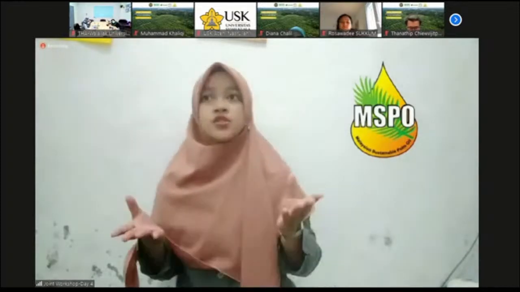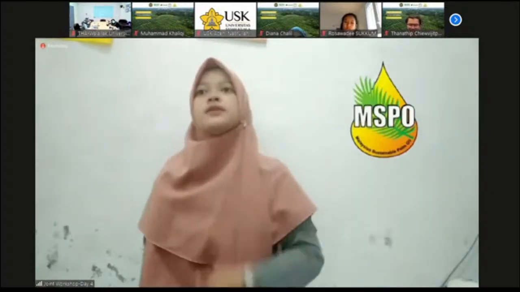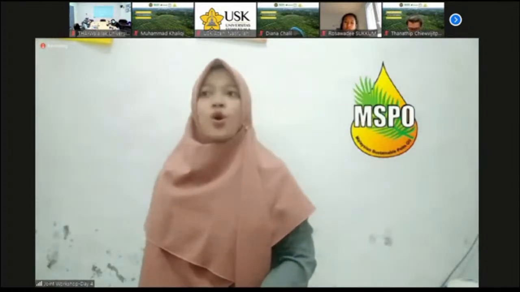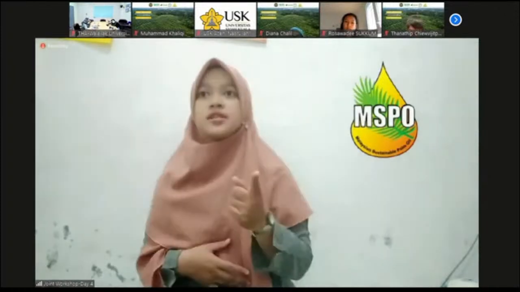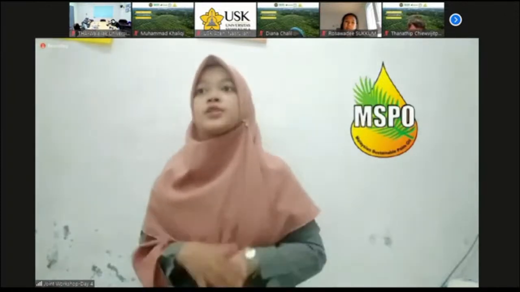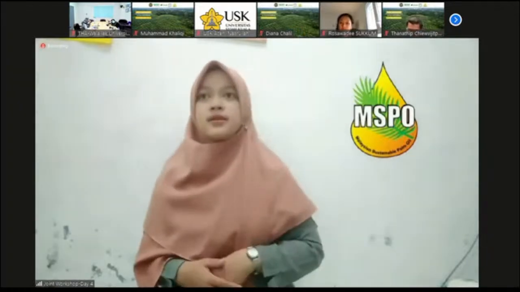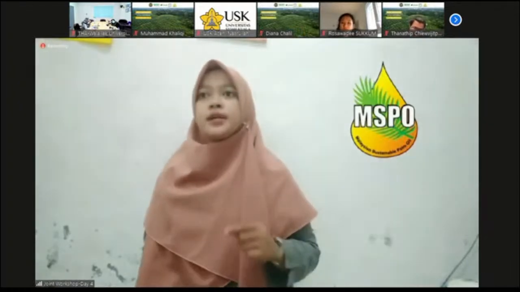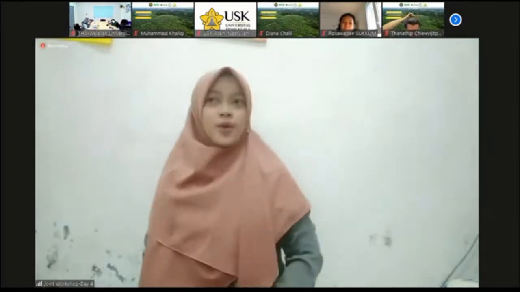However, MSPO-related training and guidance to smallholders will be managed by the Malaysian Palm Oil Board, MPOB. The role of MPOB is to assist in the preparation of documents, then provide training to members and also provide guidance. In addition, MPOB also promotes MSPO certification at home and abroad.